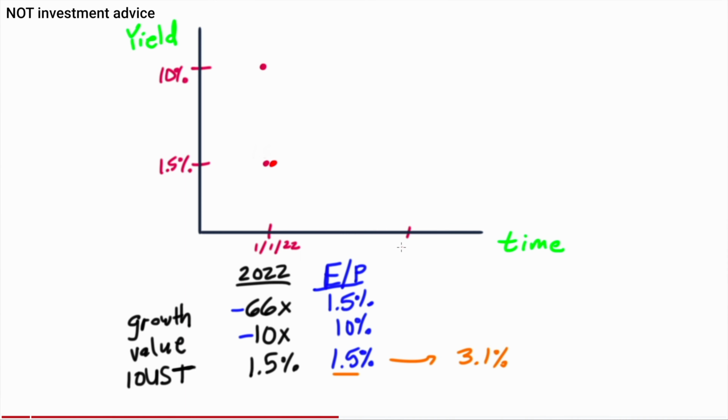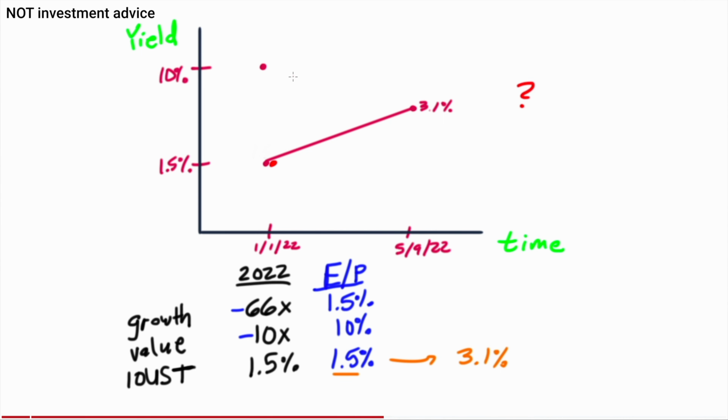So now let's fast forward to May 9th, 2022, and the 10-year US Treasury has basically doubled to 3.1%. So the question is, what is going to happen to the earnings yield of these two stocks?